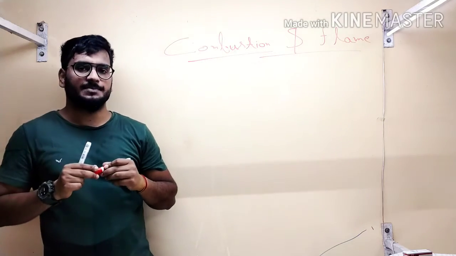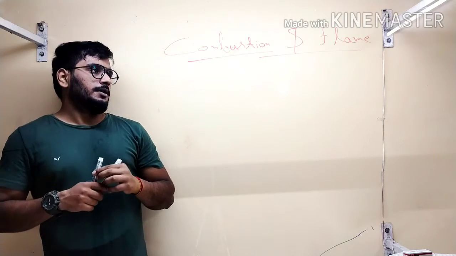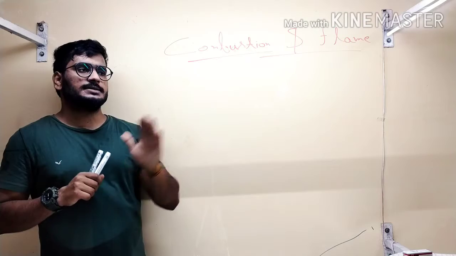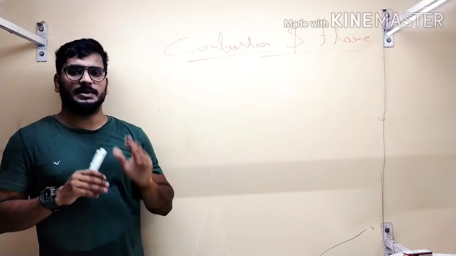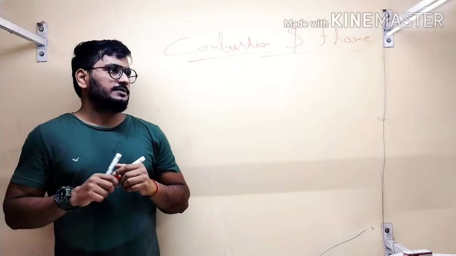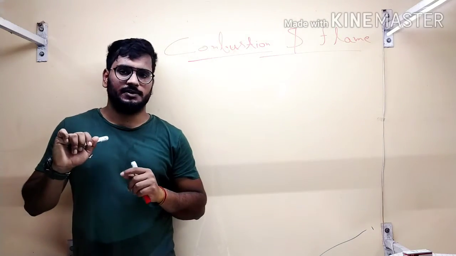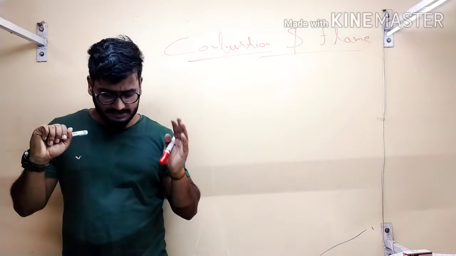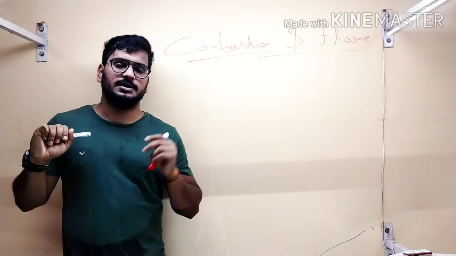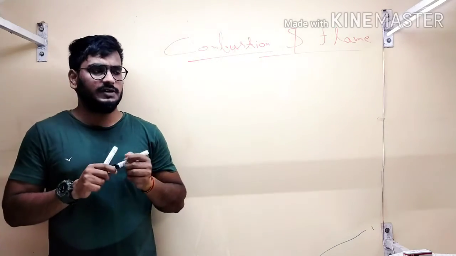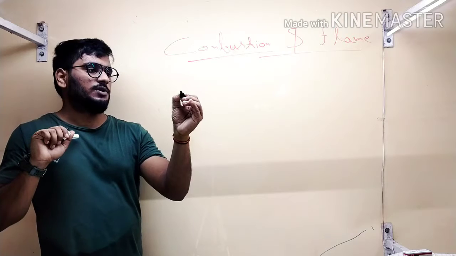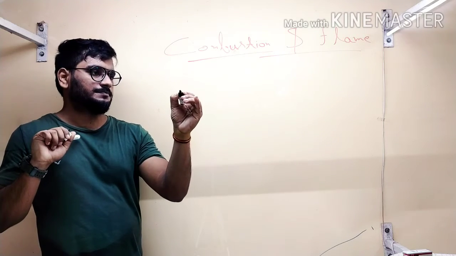In last class we discussed many basic concepts, and this class we will start from a definition which I have already discussed in last class, but for your revision let's start from ignition temperature.